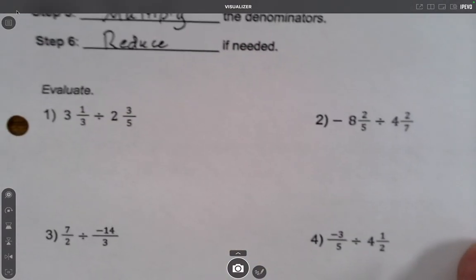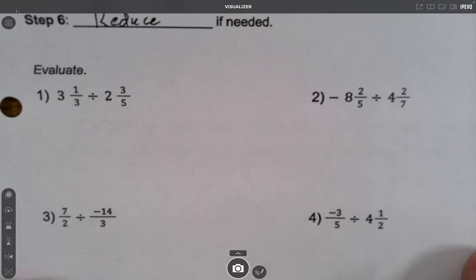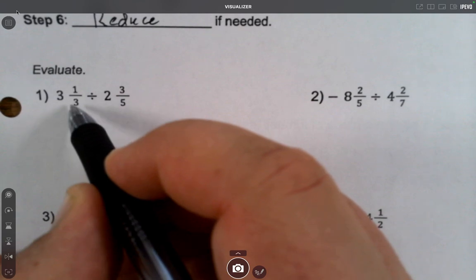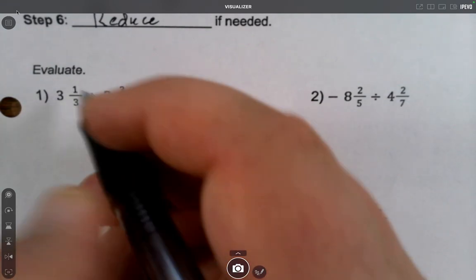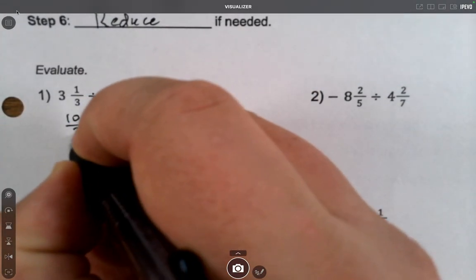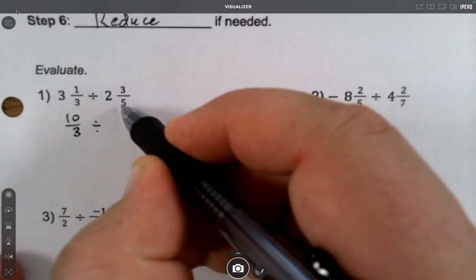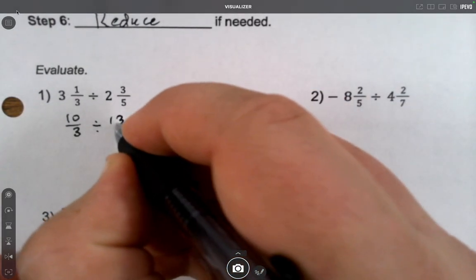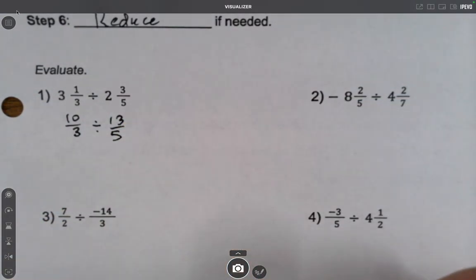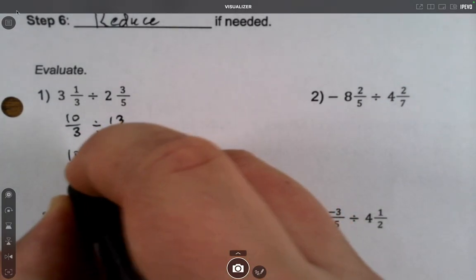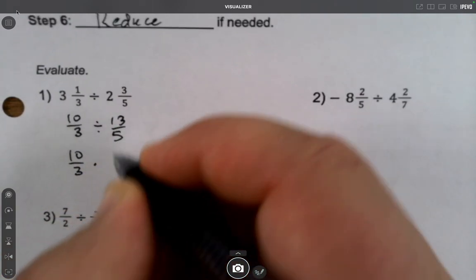Okay, so step 1, we need to change these to improper fractions. 3 times 3 is 9, plus 1 is 10. 2 times 5 is 10, plus 3 is 13. Another thing you can remember, math teachers and mathematicians will often say, to divide by a fraction, you have to multiply by its reciprocal.